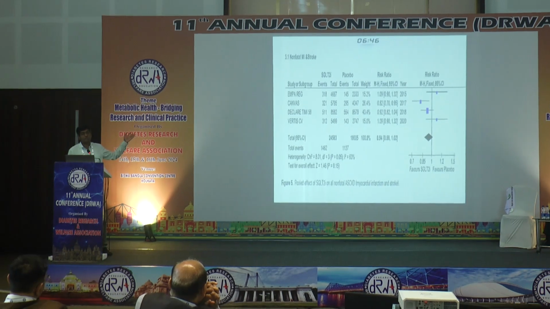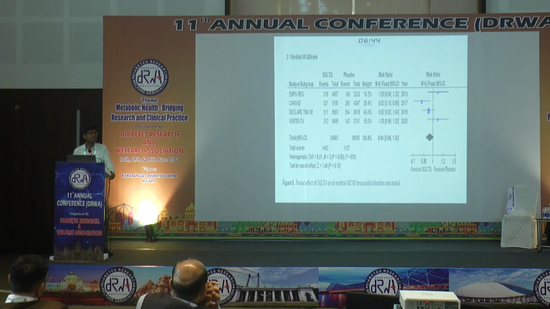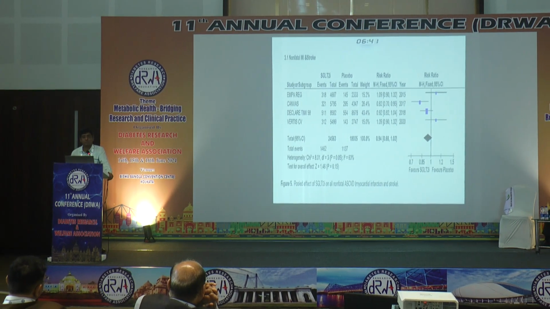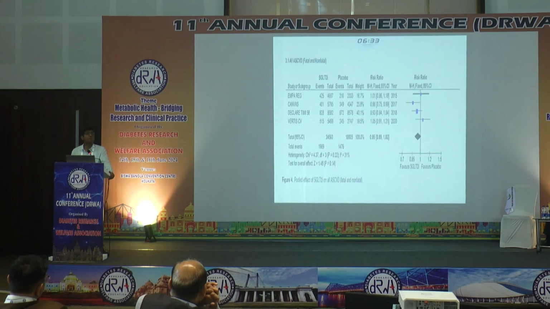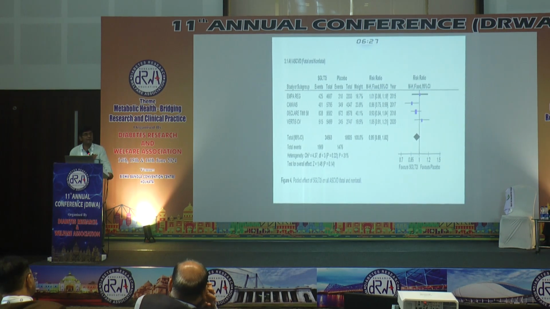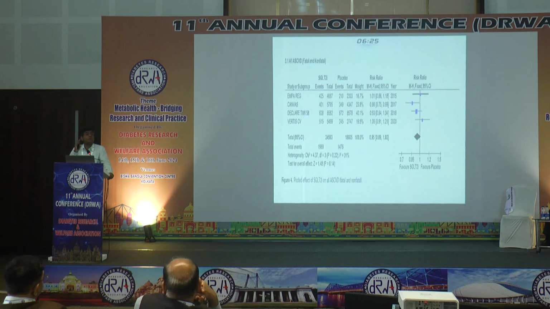If you look at that, there is no difference in non-fatal MI plus non-fatal stroke. And if you're looking at all atherosclerotic cardiovascular events, whether fatal or non-fatal, whether it's MI or stroke, there is no difference. So essentially, you can see from the meta-analysis that when it comes to atherosclerotic cardiovascular events, there is no change.